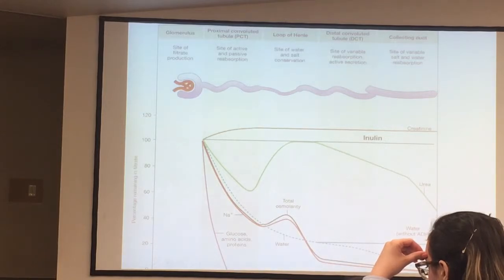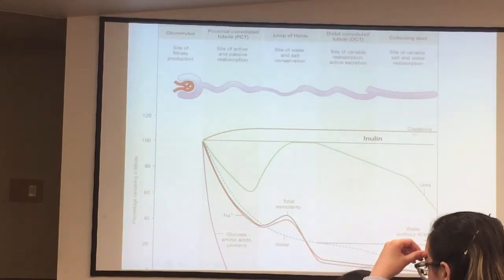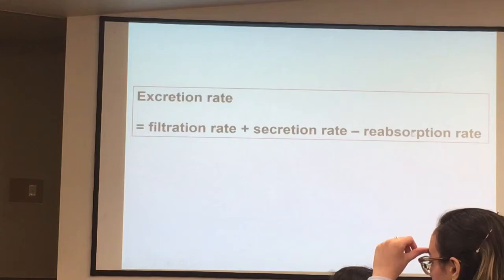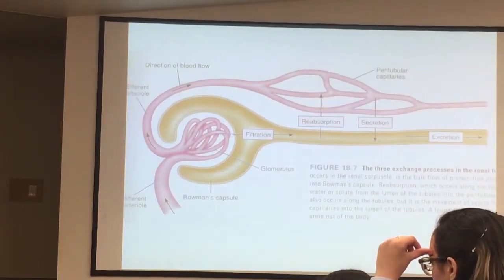And even urea is also up and down, and it's not like inulin. So we pick this second choice. Creatinine only increased a little bit, 10%. That means creatinine from here to here only increased 10%.